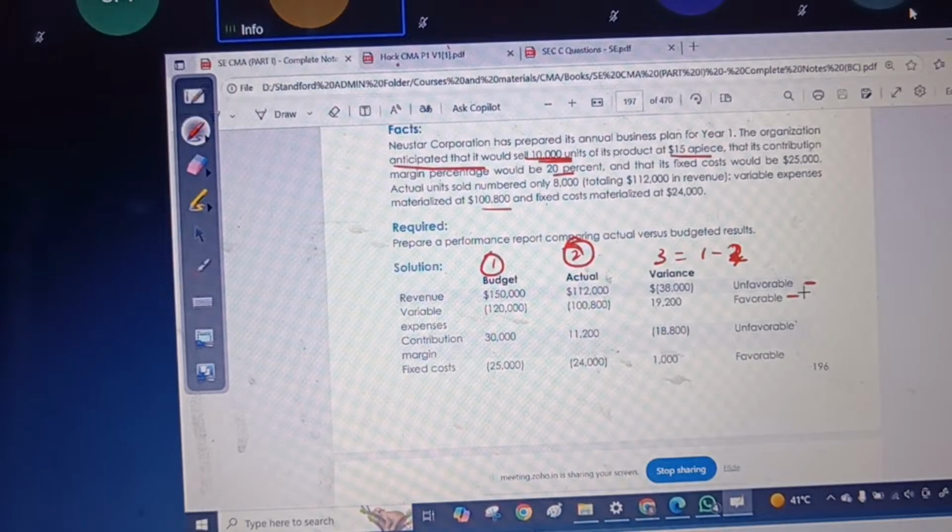For cost, it is a favorable amount. Why? Because actual is less than budget and operating income will be higher. But it is a negative amount. Now, why is it showing different here? That is why this problem is wrong.